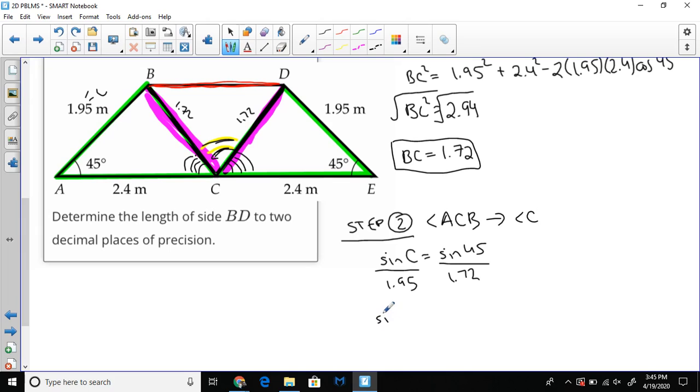Then I cross multiply and have sine of C equals 1.95 times sine of 45 all over 1.72.